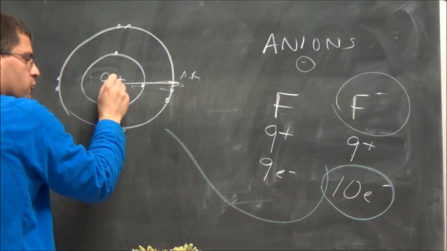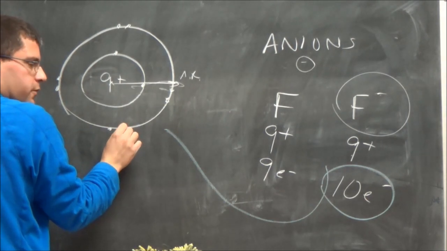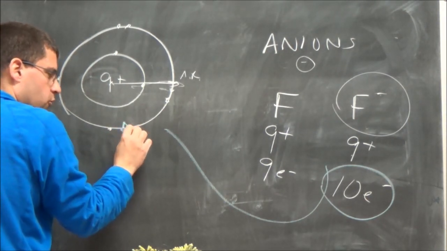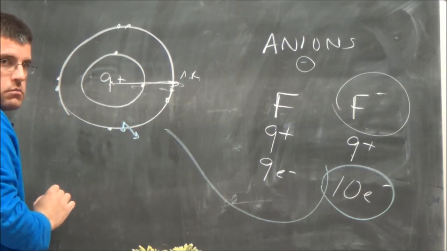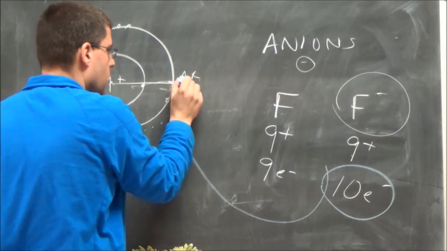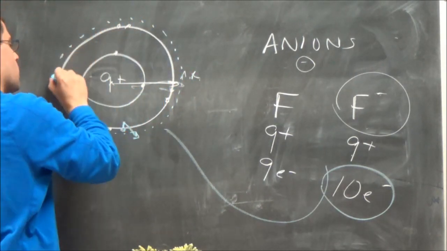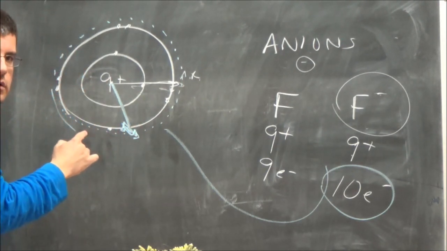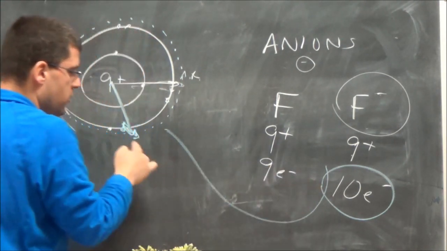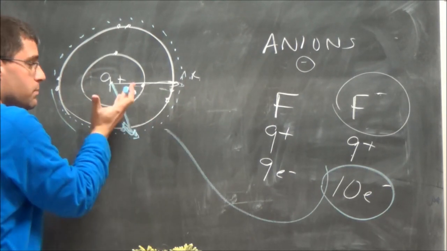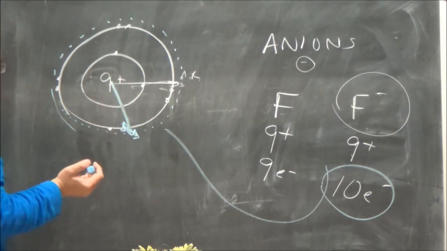Instead of making this stronger, all we did was add another valence electron that wants to be attracted to the nucleus but gets drawn away. So the size becomes larger because you're adding another particle on the outside to be shielded and repelled away from the nucleus.